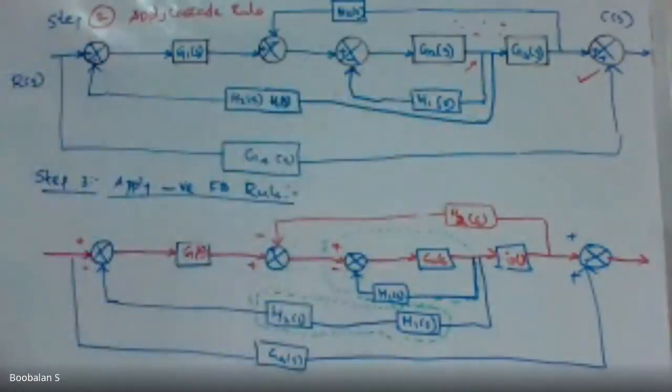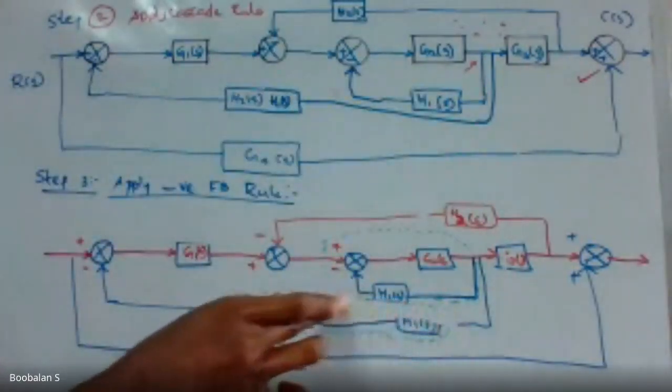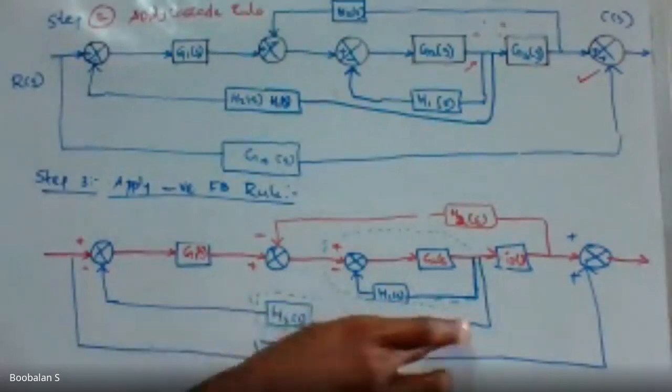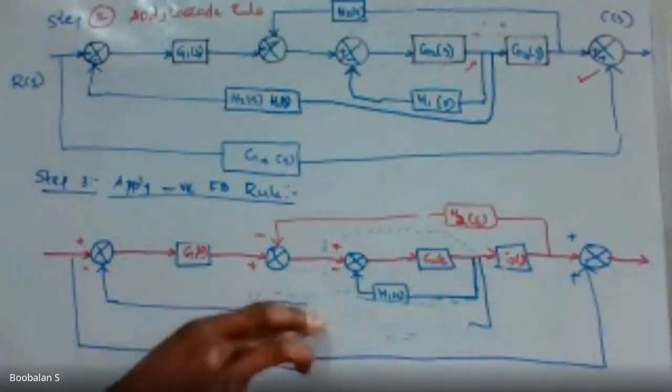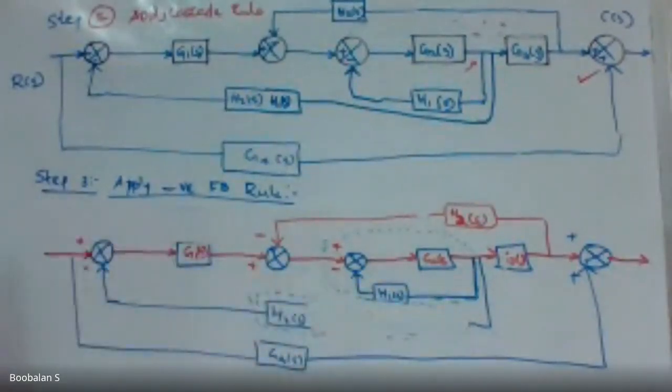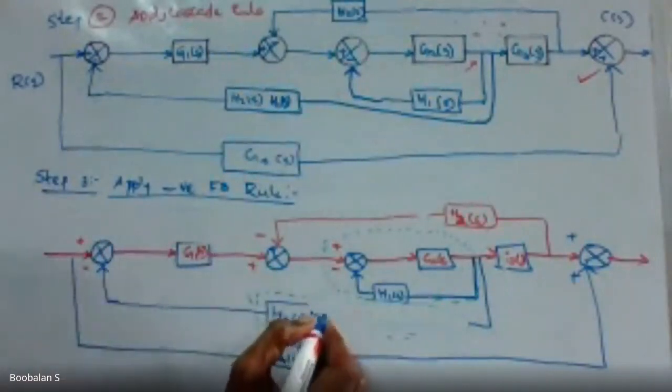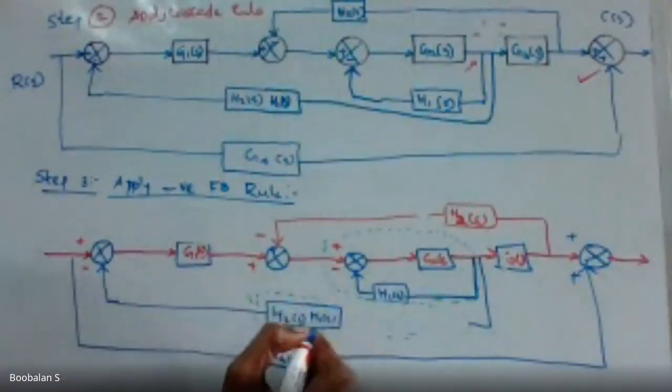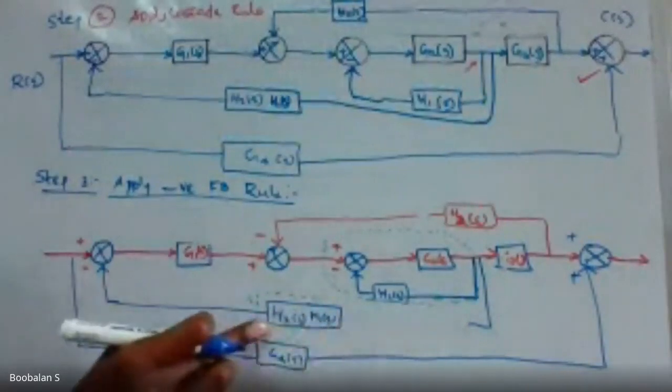Now I already applied the cascade. That's why I'm going to use H1, H2. Already we have simplified it in the block diagram, so I'm going to arrange it.